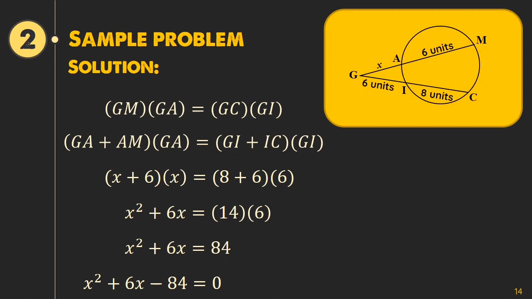Isolating all the values on the left to form a quadratic equation, it will become x squared plus 6x minus 84 equals 0. Since the value of x is unknown and we have formed a quadratic equation, we will solve for its factors. We will be using the quadratic formula since it is not a perfect square trinomial.